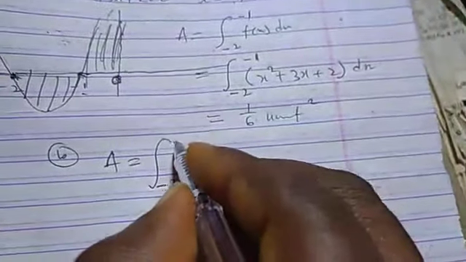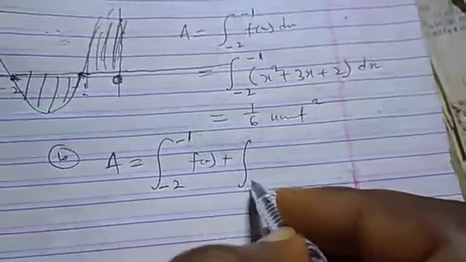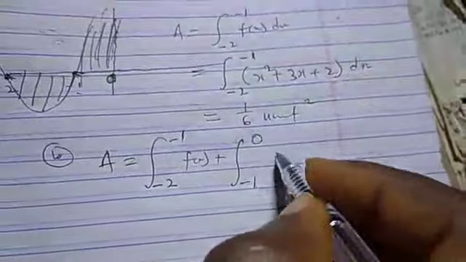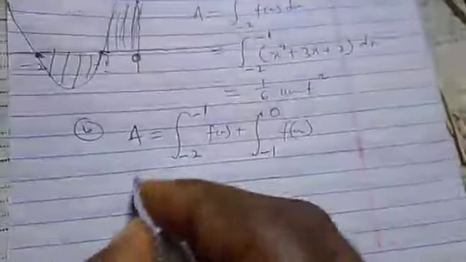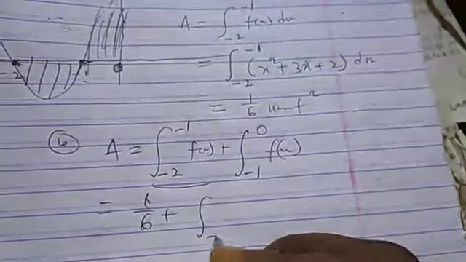So I'll say -2 to -1 of f of s, then -1 to 0. We have done this first part, that is 1/6, plus the integral from -1 to 0 of f of s.